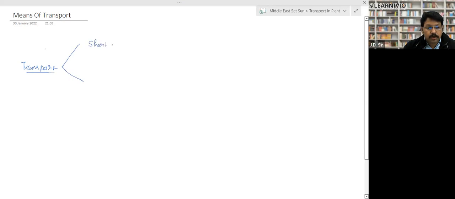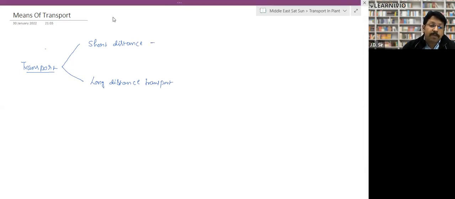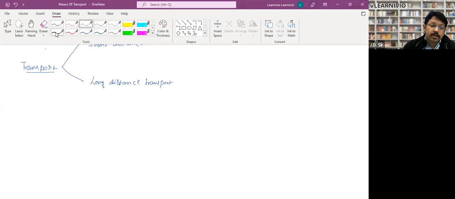So when we are talking about the short distance transport, we are talking about the transport of material from one cell to another cell.